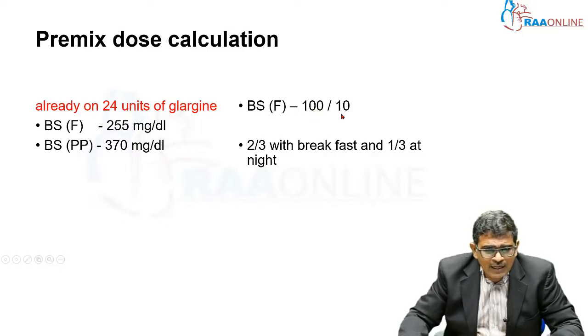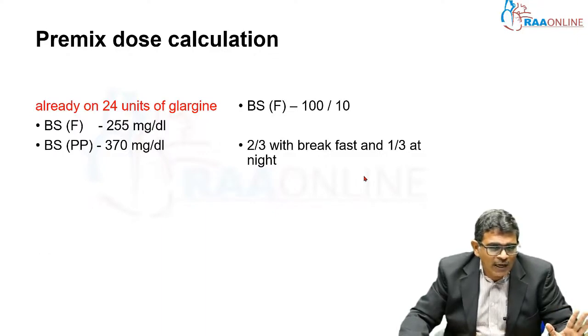The number of units required is about 15 units. Already the patient is taking 24, so the patient will now require about 39 units of insulin. Of the 39 units, give 2/3 of the premix dose with breakfast and 1/3 at night. So the patient will require about 26 units in the morning and 13 units at night.